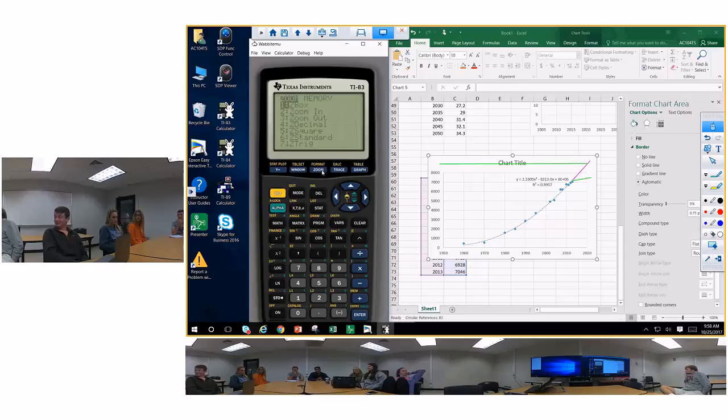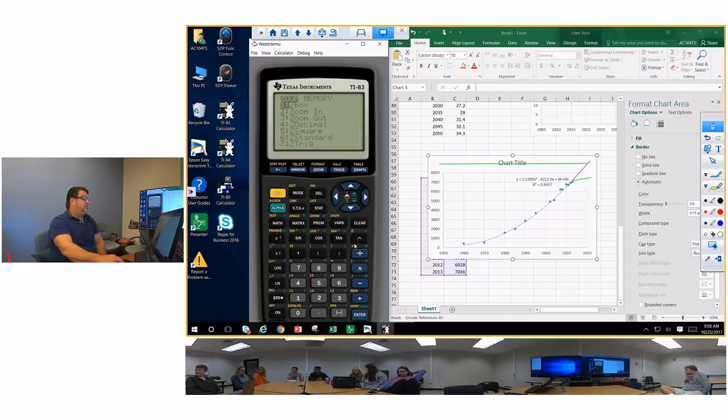Go to Zoom Fit. Where's Fit? It's up in there somewhere. There it is. Okay, and then we need to zoom out. And zoom out a few times, but I have no idea what this looks like.